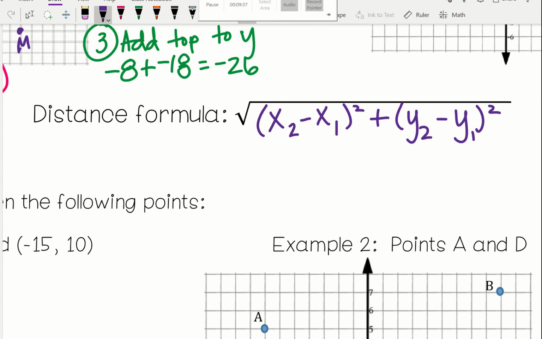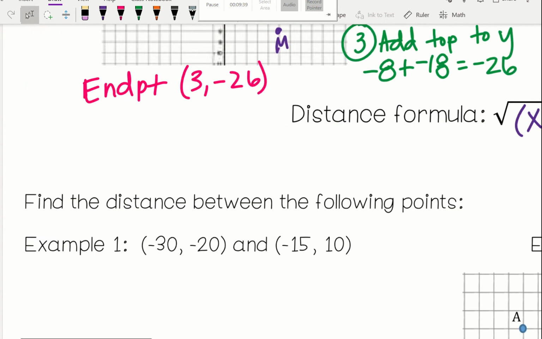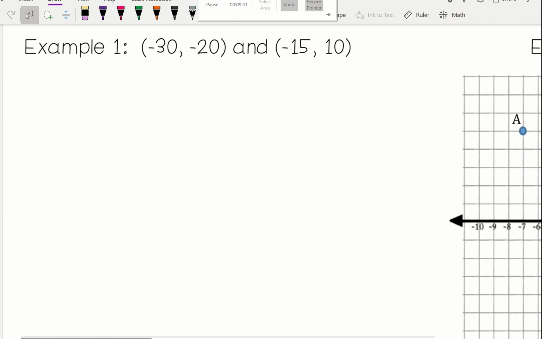Okay? So as I go through it, let's do this example. I'm going to label mine. I always just go left to right on the paper. It does not really matter. I don't actually think about which one's further left on the graph if they're just written down. This one happens to be that way, but that's the way I write it.